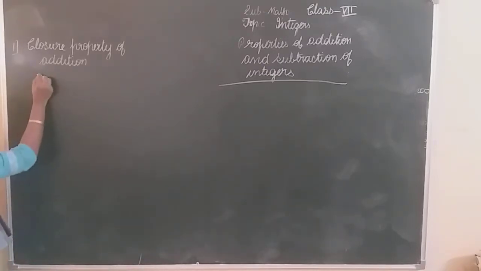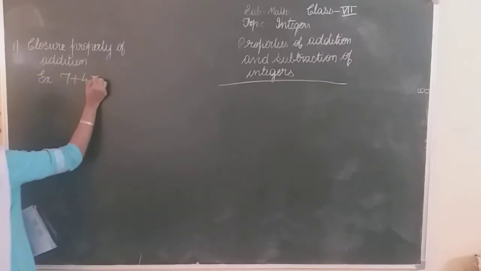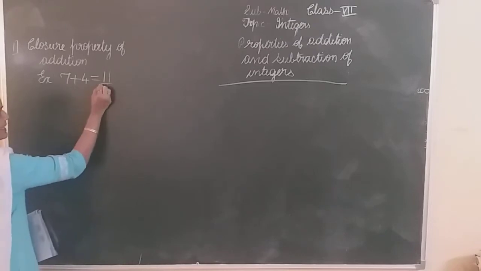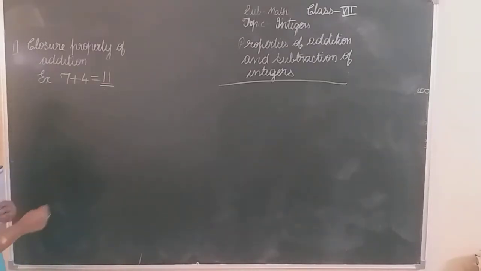For example, 7 plus 4 is 11. Any 2 numbers when added, you get an integer. So this is the first property of addition and subtraction of integers.